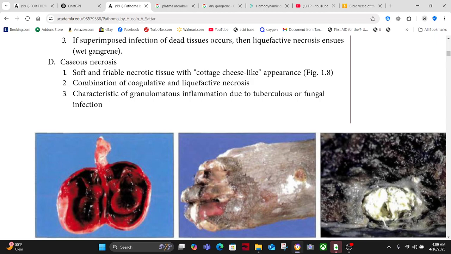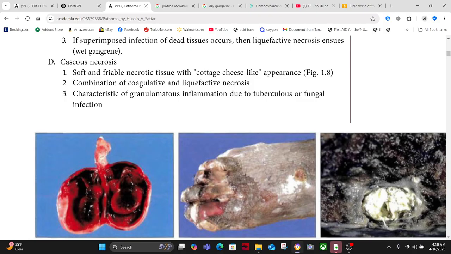So caseous necrosis is a combination of coagulative and liquefactive necrosis, which means that you can't see the nucleus because it's coagulative, and it's mushy because of all the enzymatic destruction of liquefactive necrosis. So it's a mushy substance with no nucleus, and it's not firm either.